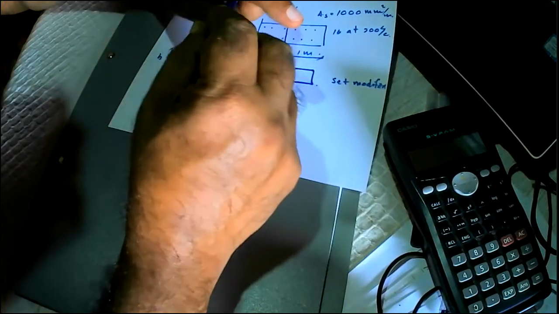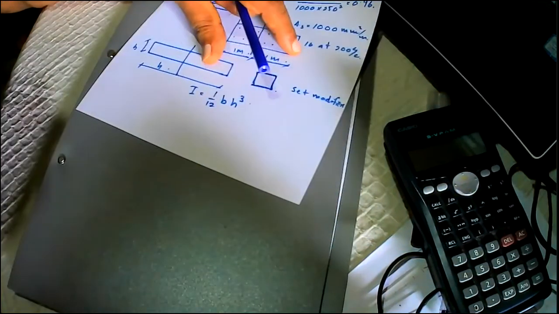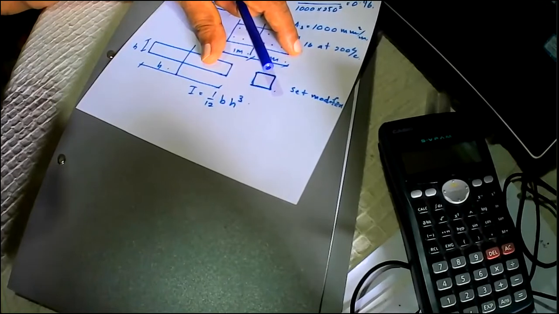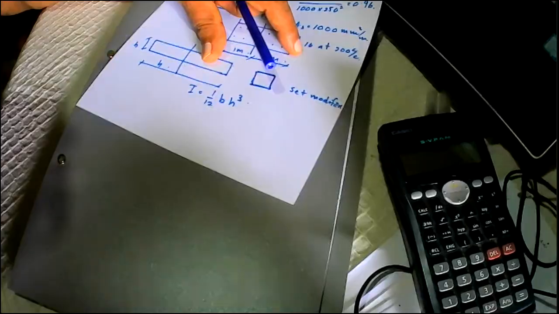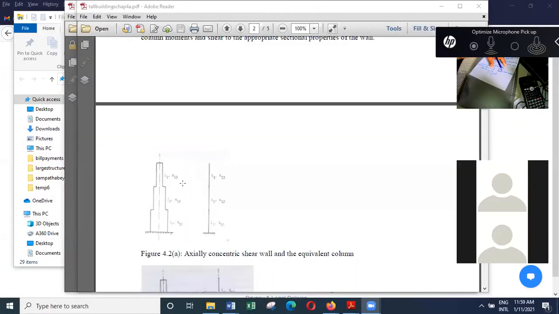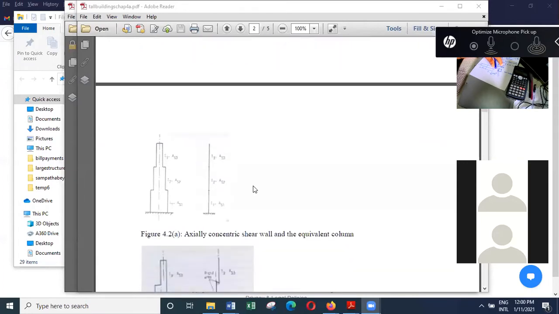So when you are doing analysis, you can represent the walls as columns and then perform the analysis. That is one of the things I wanted to show you.